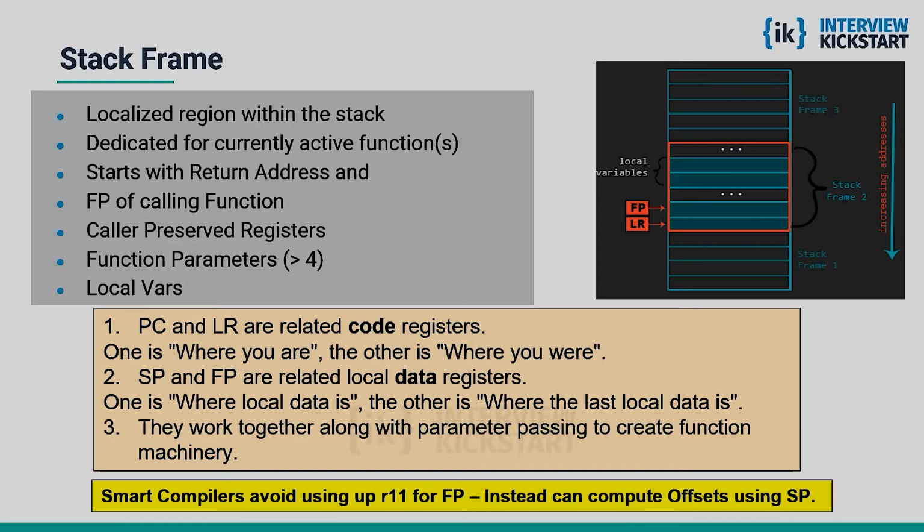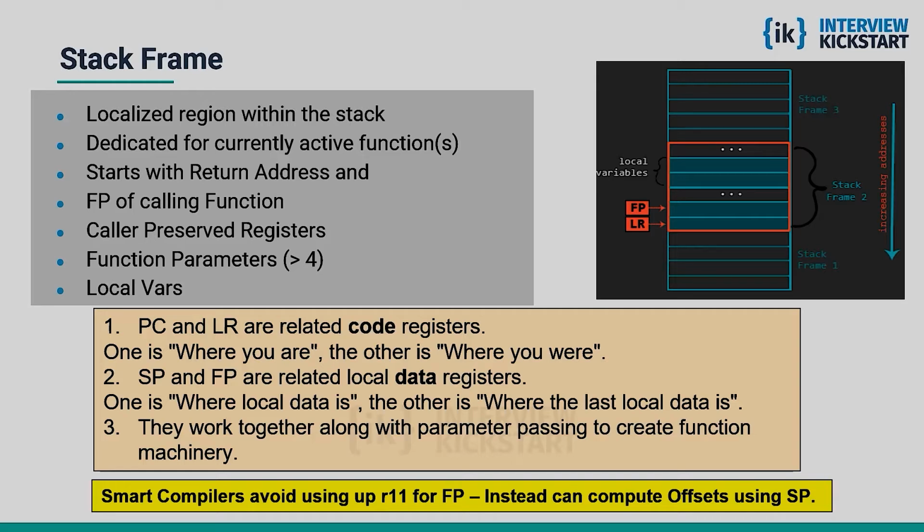Now it's important to understand that the stack usage is both for code related information and data related information. For example, the program counter value and the link register value are nothing but pointers to, or addresses of, instructions or operations. Therefore, they are code related registers.